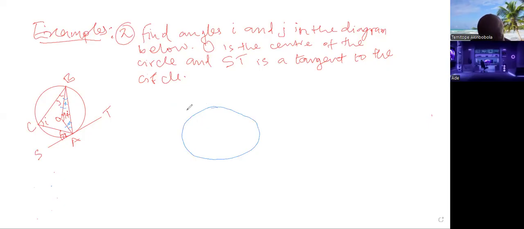I have a tangent here. I have this. So this angle here is P, and this place is 76. And this place is Q, and this place is 70.